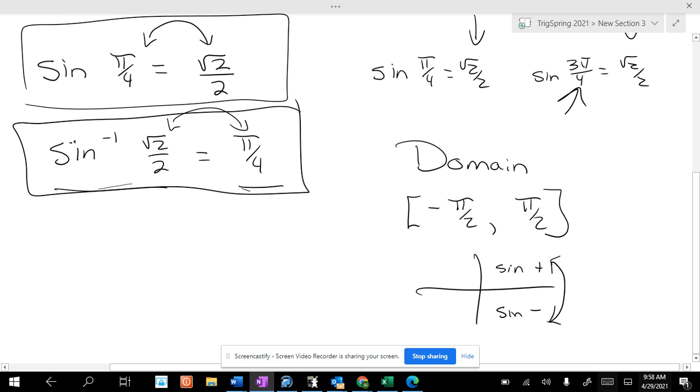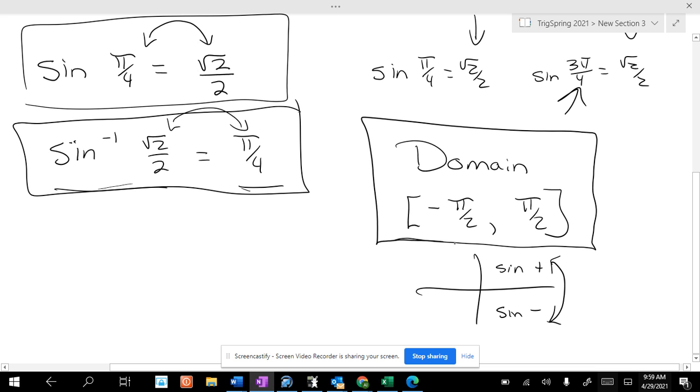So if every answer is different and they're right next to each other, we might as well use those two quadrants. So the trig gods decided to make the rule that the domain of sine goes from negative pi over 2 to pi over 2.